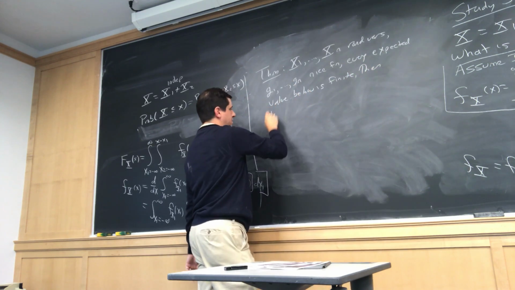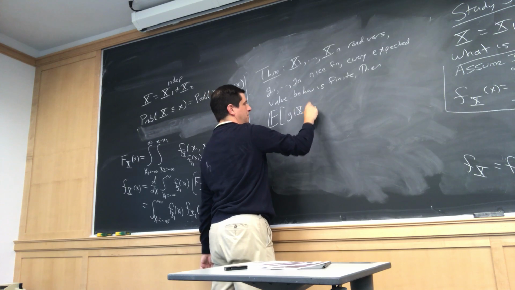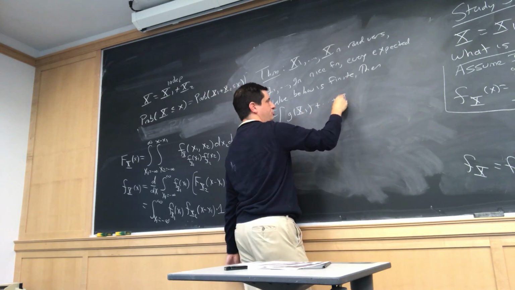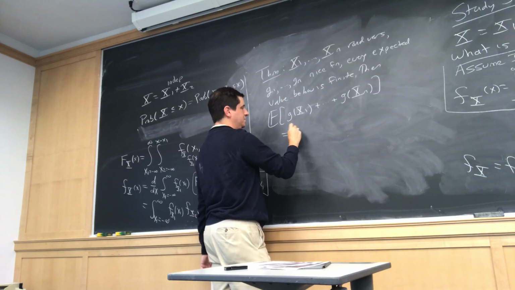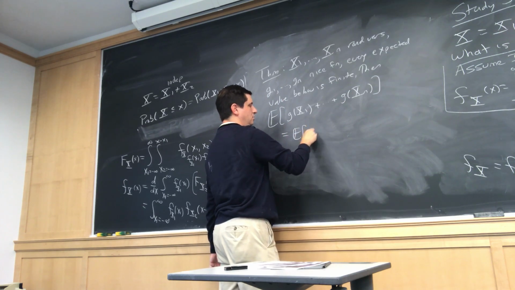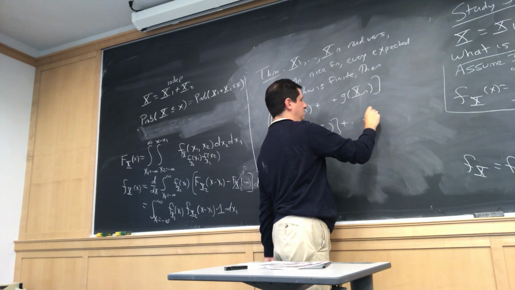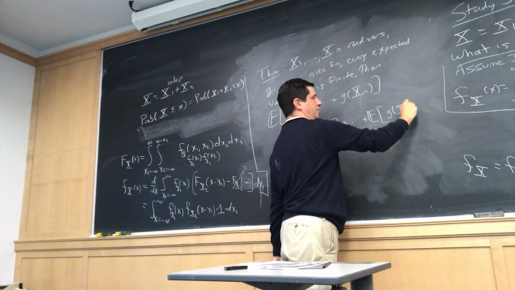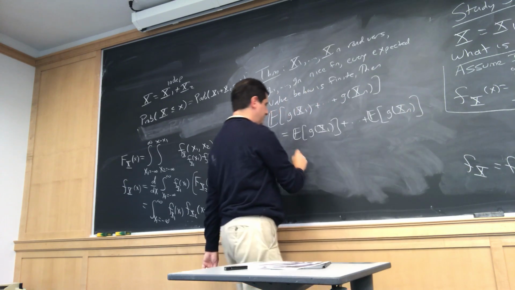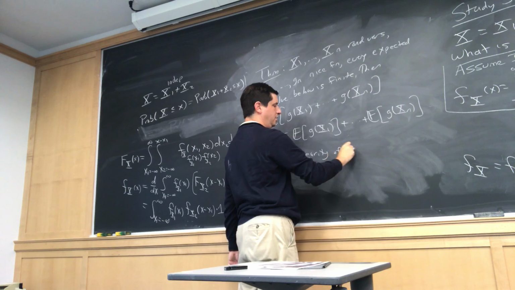Then the expected value of g1 of x1 plus through gn of xn is the expected value of g1 of x1 plus through the expected value of gn of xn. So this is linearity of expectation.